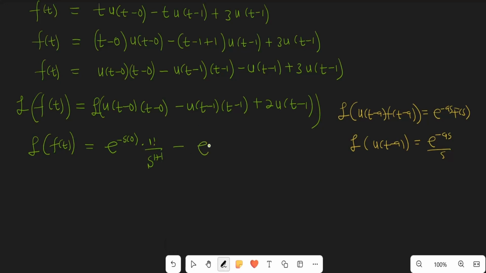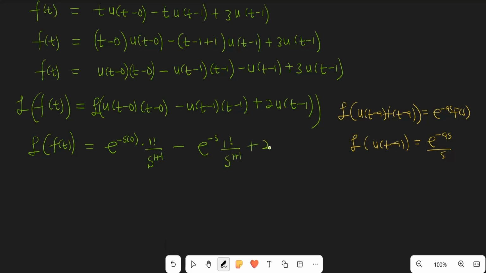Minus this one, the same thing. That is e to the negative s times 1, because a in this case is 1, so s times 1 is s, multiplied by the Laplace transform of the unshifted function, which is t. So 1 factorial all over s raised to the power 1 plus 1.